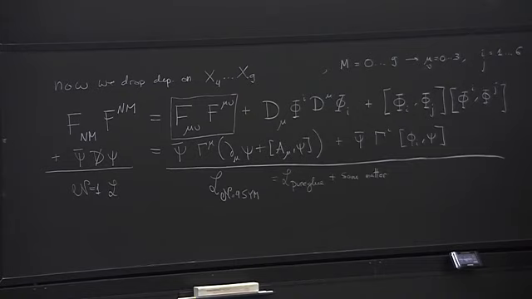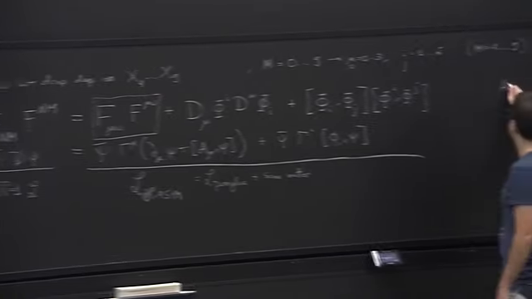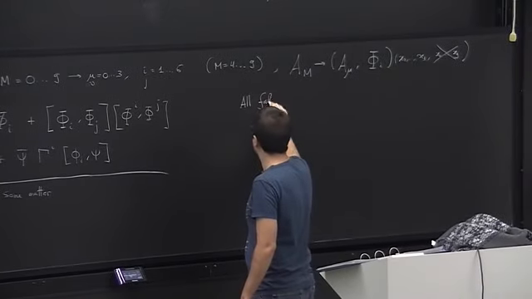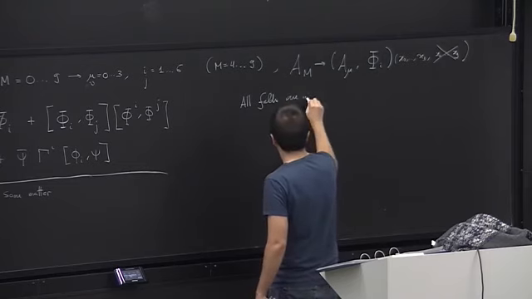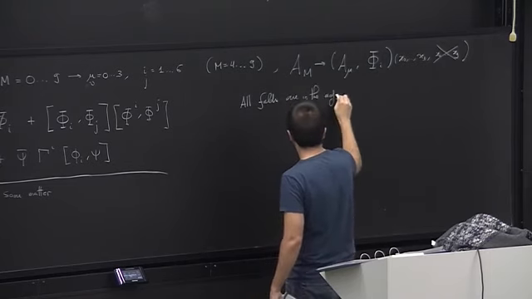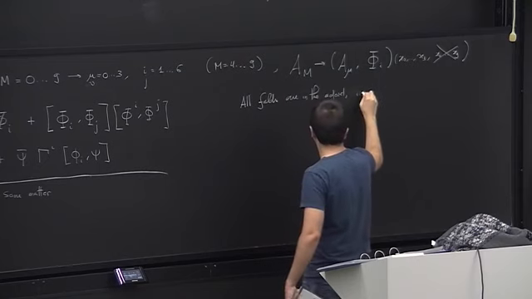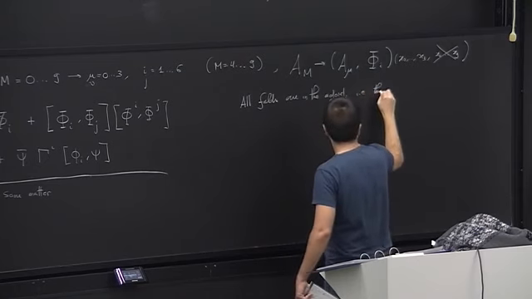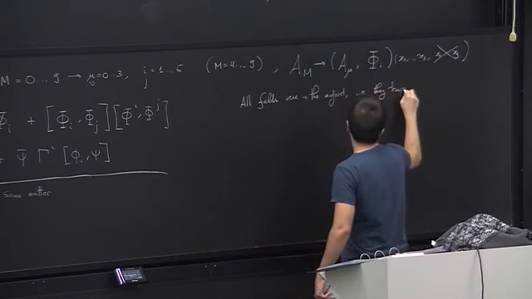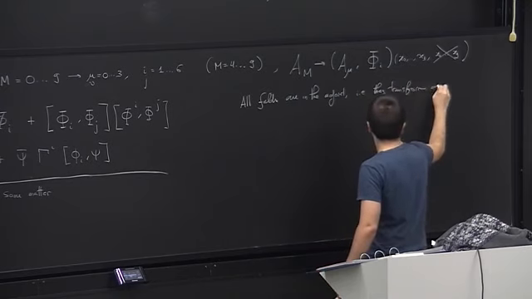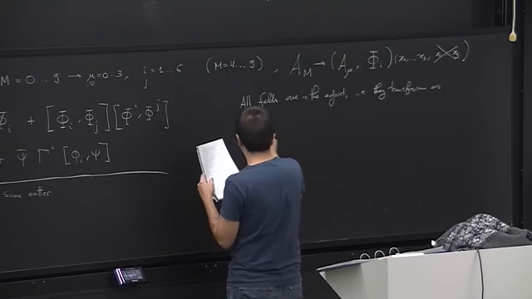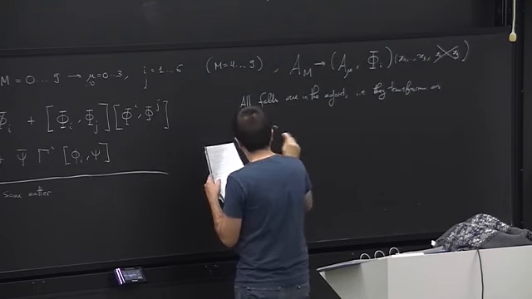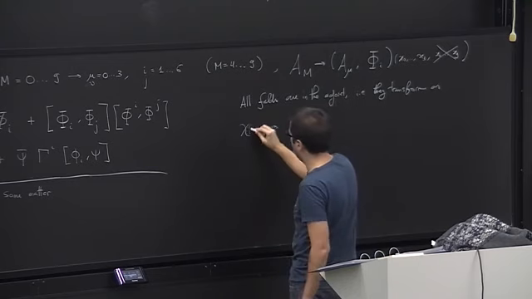Okay, very good. What else do I want to comment? I want to say that all fields are in the adjoint. That is, they transform under a gauge transformation as follows.